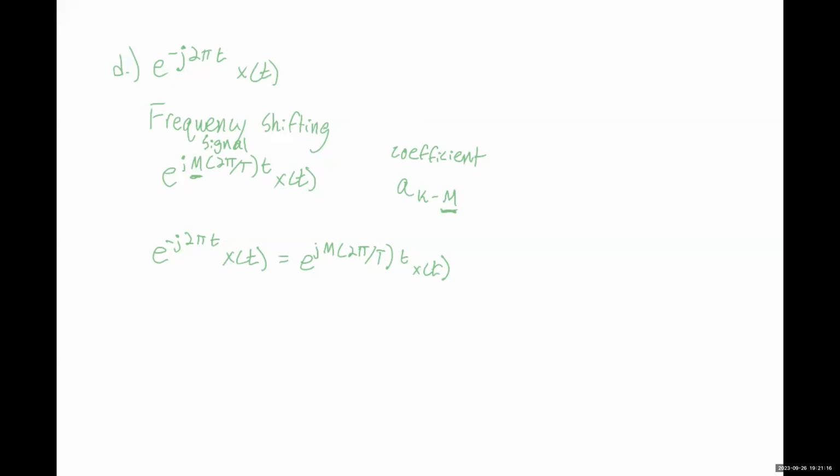We can cancel the x of t's and just solve the exponent of the e power. So we can rewrite this as negative j 2 pi of t is equal to, sorry, not e, j m 2 pi over t times t.